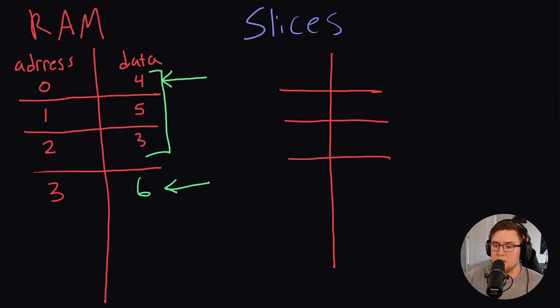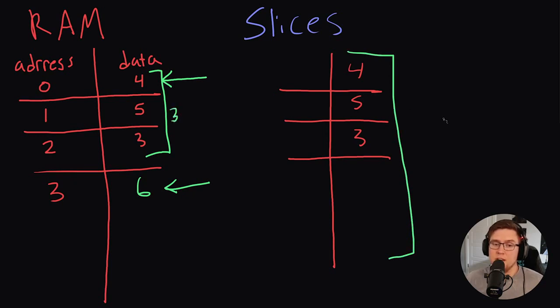Actually, I'm going to use the same colors. That would probably be easier to understand. So 4 comes over here, 5 comes over here, 3 comes over here. And then let's say that we know we want to grow our slice significantly. So the new underlying array, let's say, will have a length of 6 now. So it had 3 here. Now the new array has pre-allocated, right?